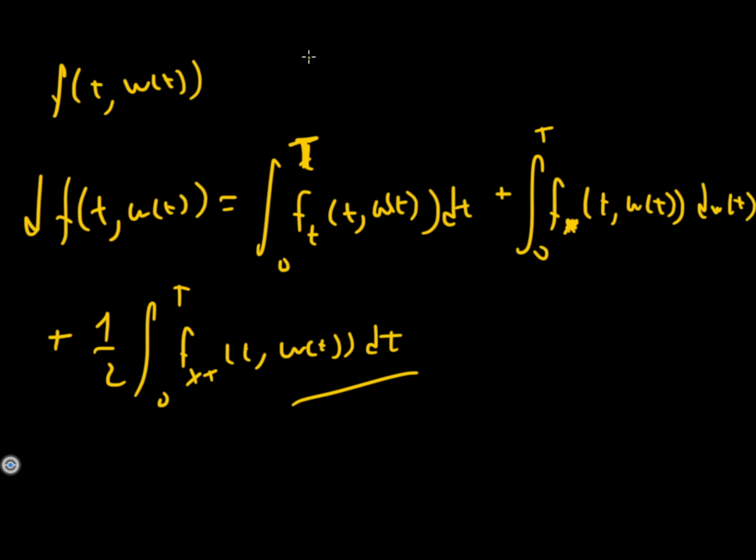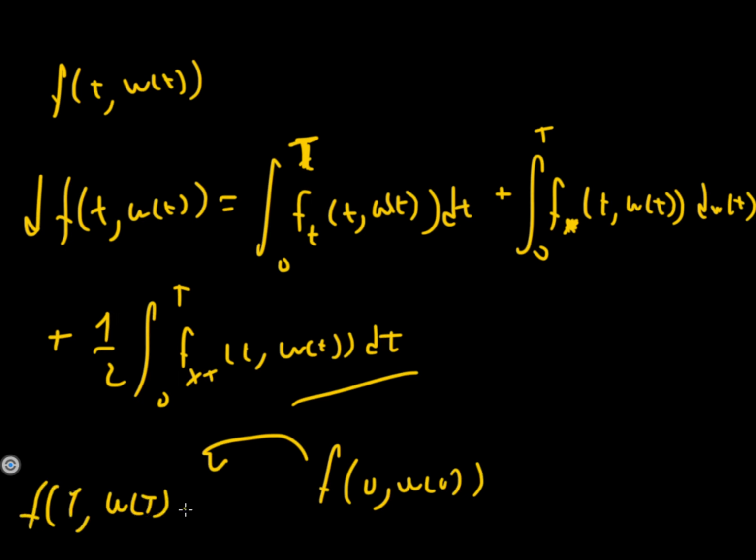And over here, we assume that we had an f of 0, omega 0, which we threw over to the other side, and it became f of t, omega t minus f of 0, omega 0, which results in the differential.